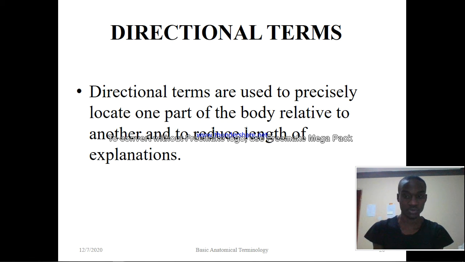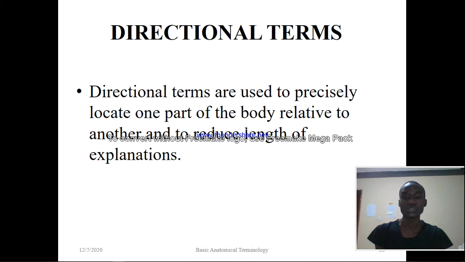For example, you want to locate the eye. I might use the eye in relation to the mouth. You may end up using a lot of words, but you could have used only two terms that will describe the location of the eyes in relation to the mouth.